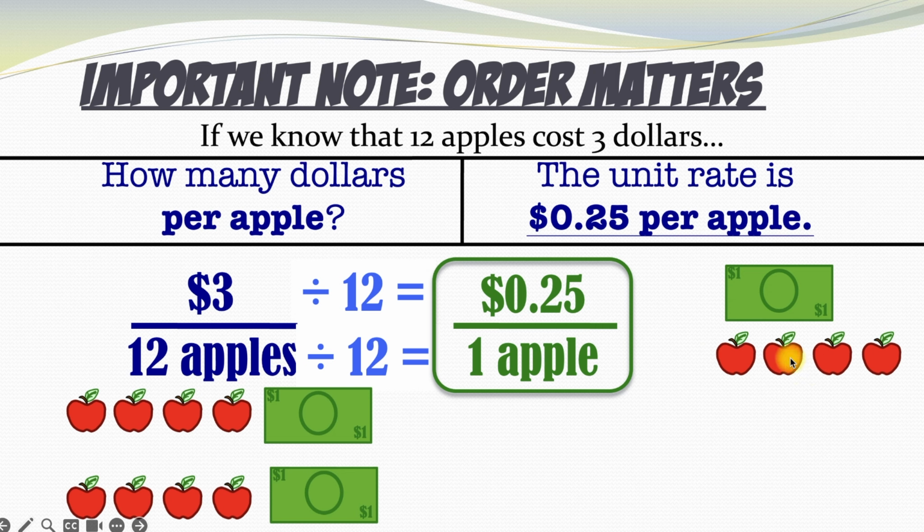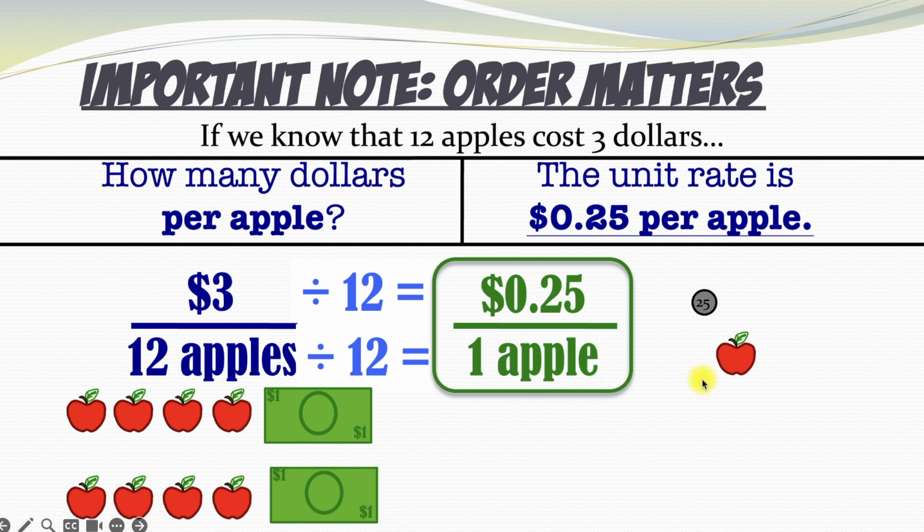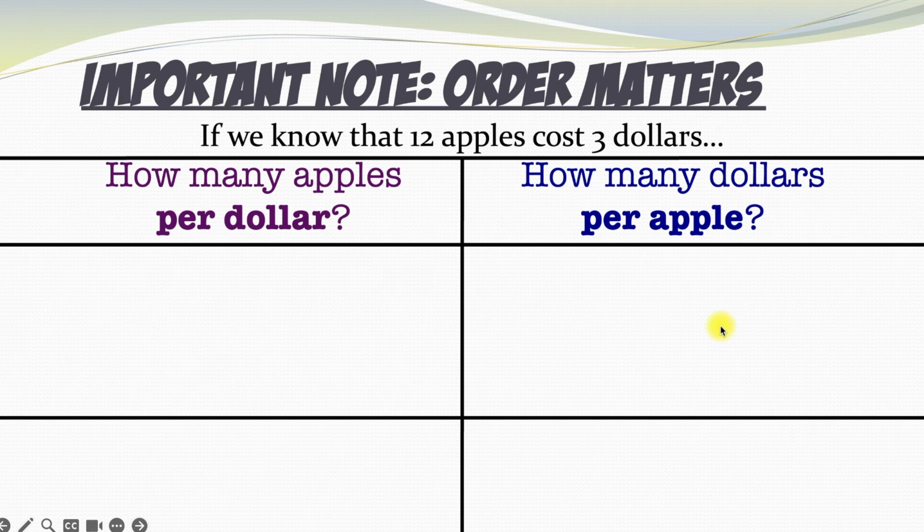Right now we have 4 apples, but remember, if we've got $1 for every 4 apples, this means that it costs 25 cents per apple, which is exactly what our unit rate tells us. So again, even though they sound like they're the same thing, they're definitely not.